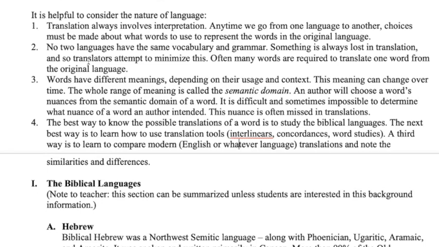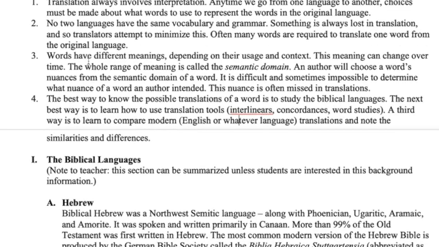So you can choose several of those and compare. That's not always the case with other languages because they may not have so many translations. But you can compare English and another language. So that gets down into the deeper Bible study.